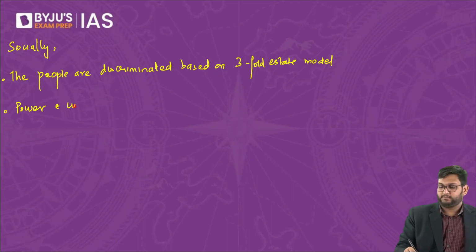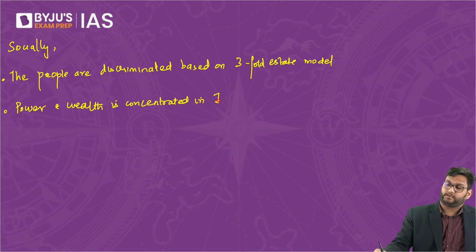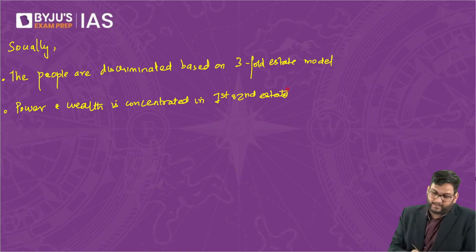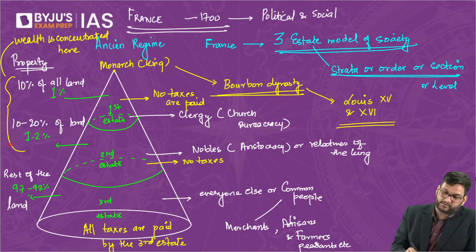Power and wealth is concentrated in the first and second estate, which is a small part of the population.